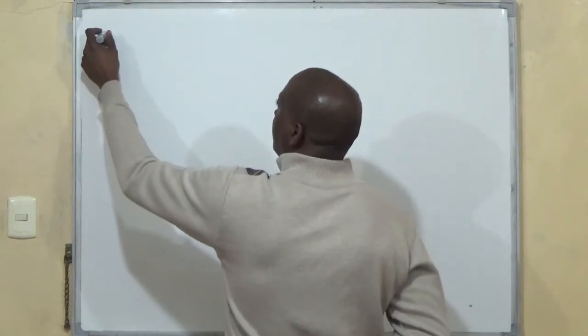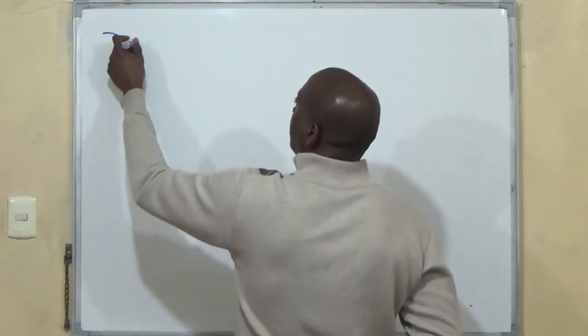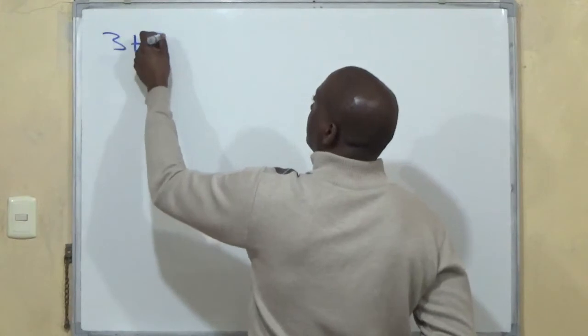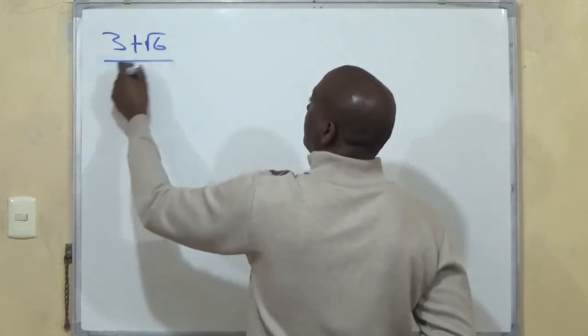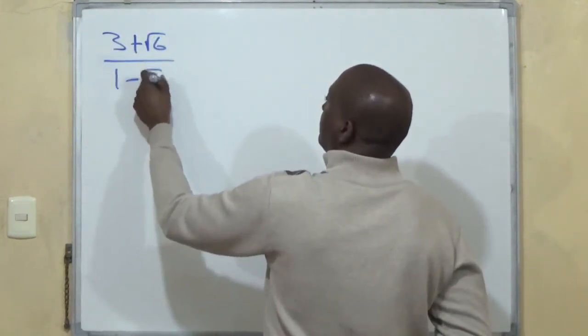So let me say I have 3 plus root 6 over 1 minus root 2.